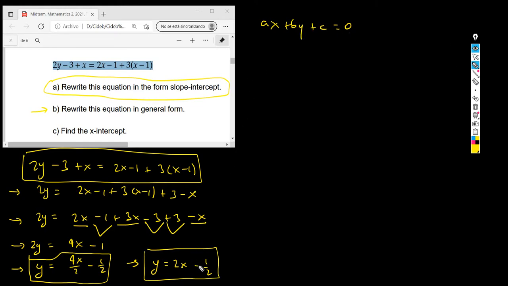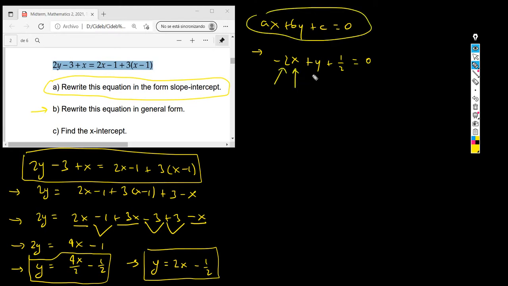So basically, if you already have this, just bring all the sides to the left side, and you can have minus 2x plus y plus 1 half equals 0, and that's it, right? Because now this looks like some constant times x plus some constant times y, the constant is 1, plus some constant.